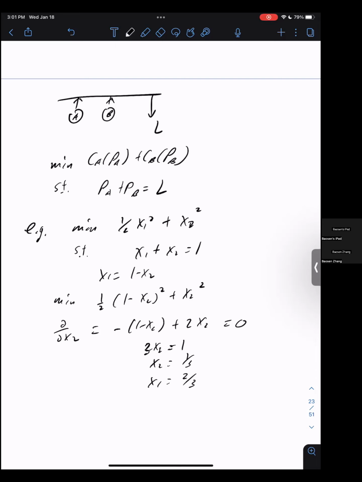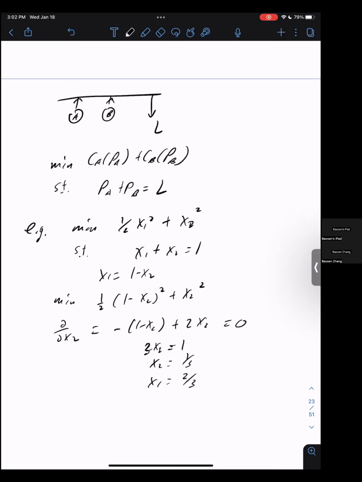How do I get a price on this? Let's say these are generators, and I need to pay this generator. So I know how much they should generate, but what about the price? So you tell generator 1, you should do let's say 2/3 of a megawatt.